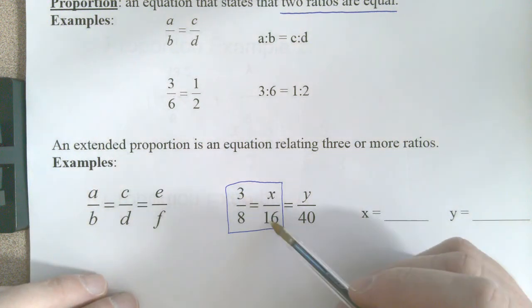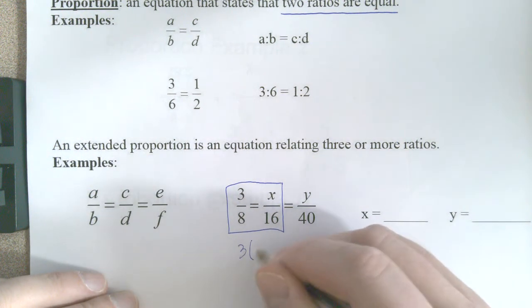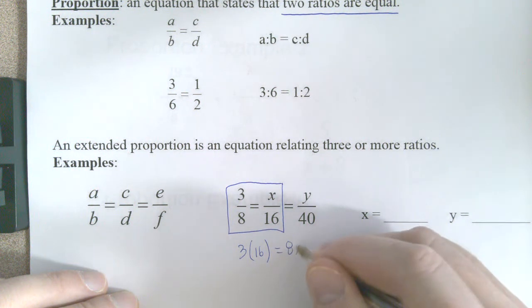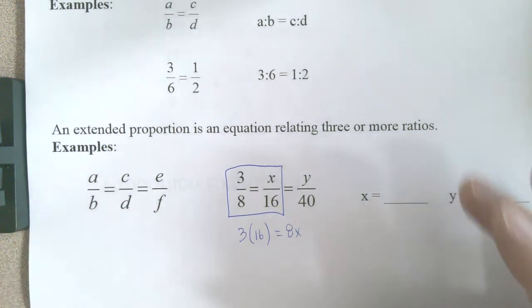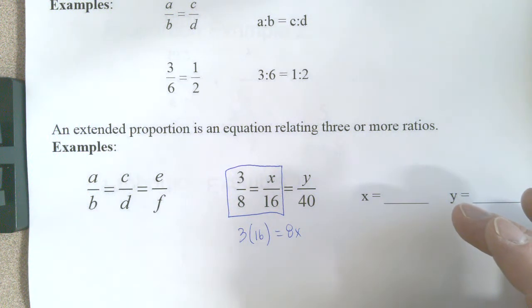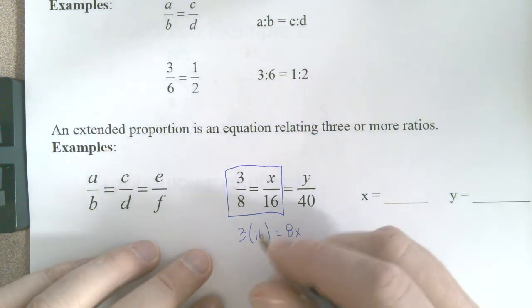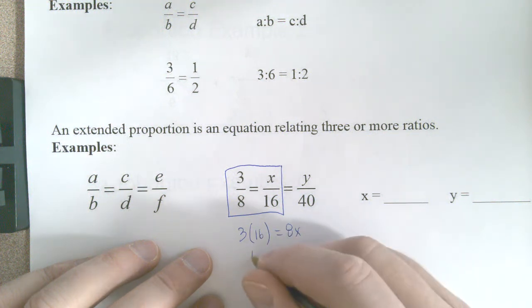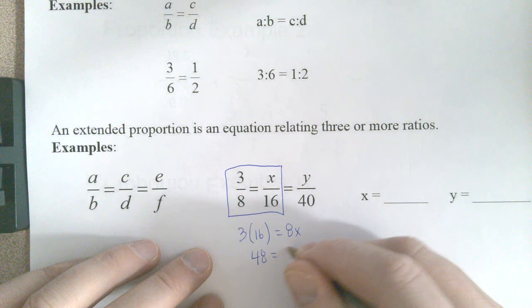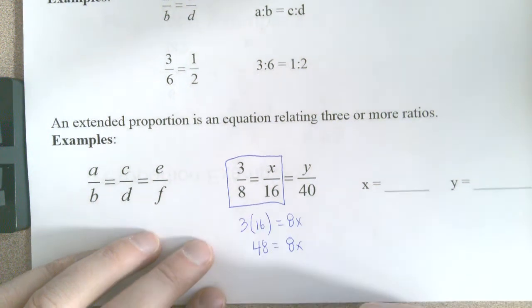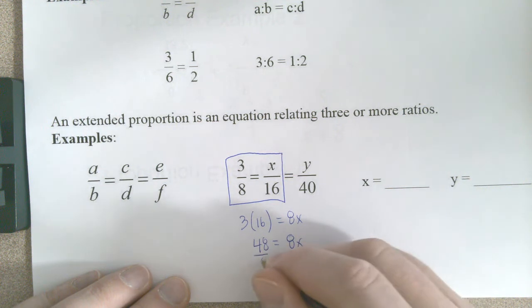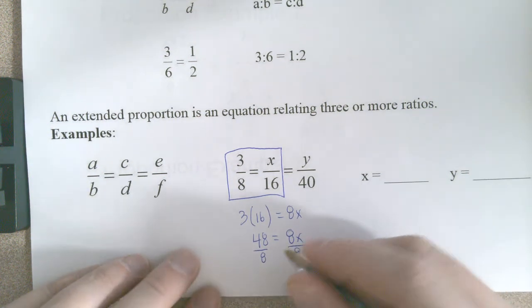What I would do is 3 times 16, and then 8 times x. I know that 3 times 16 is 48. And then if I divide by 8, x would be equal to 6.